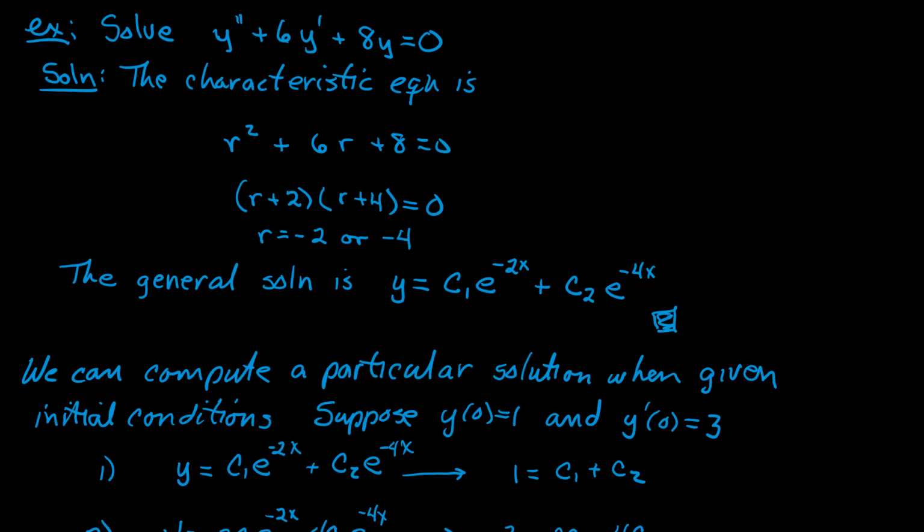The r squared is going to have the coefficient off of the double prime. The r is going to have the coefficient off of the first derivative. And the constant is going to be the coefficient off of y itself. It's going to be equal to 0. This is really nice because all we have to do now is solve a quadratic equation. In this case, it factors readily into r plus 2 times r plus 4.